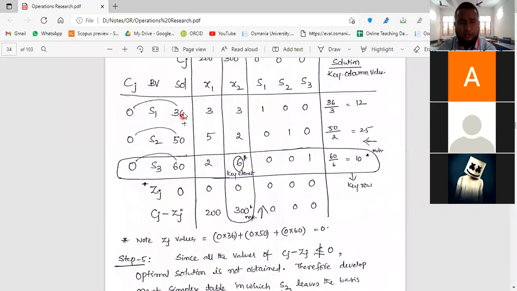So 36 minus the corresponding key row value, which is 60, into the corresponding key column value, which is 3, by 6. 60 into 3 means 180, and 180 by 6 means 30.